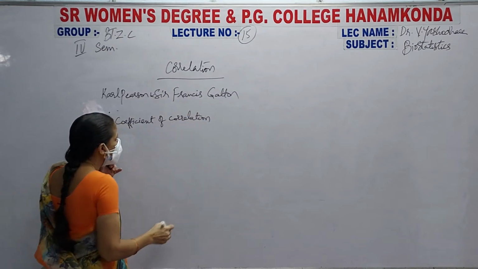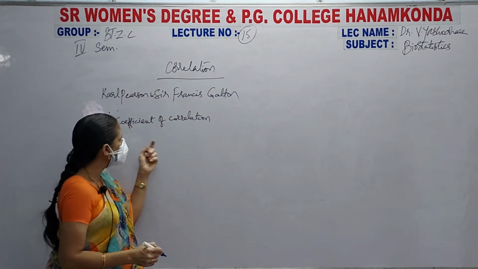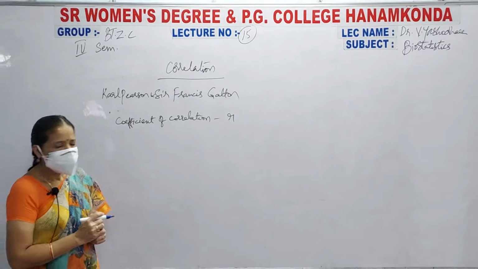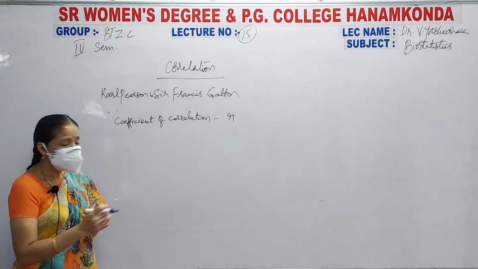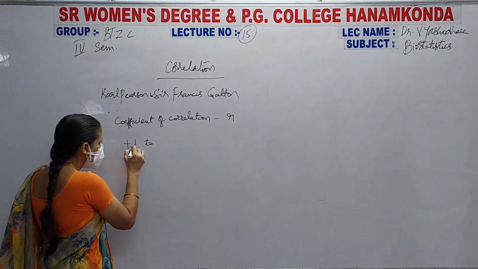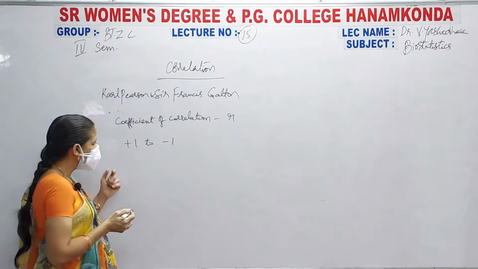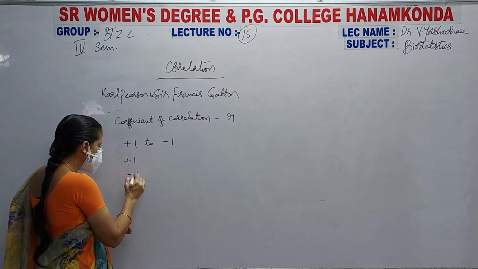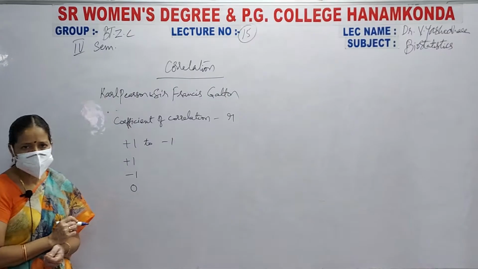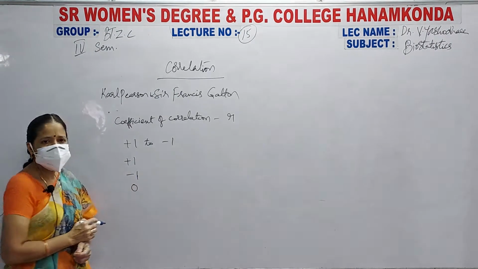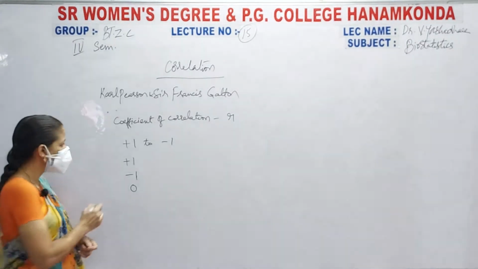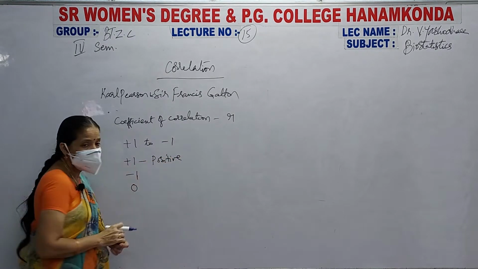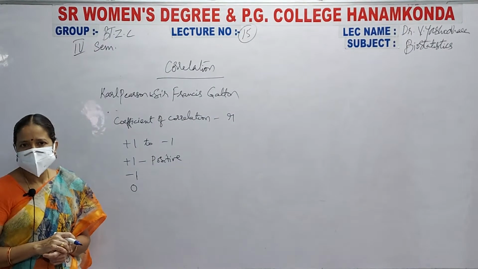The measurement of correlation is known as the coefficient of correlation, and this is denoted by the letter small r. It may range from +1 to -1. If the correlation between the variables is +1, it is a positive correlation, meaning both are very much related to each other.